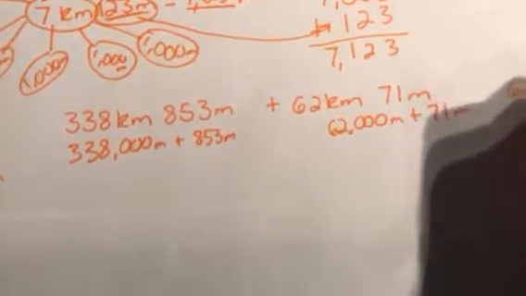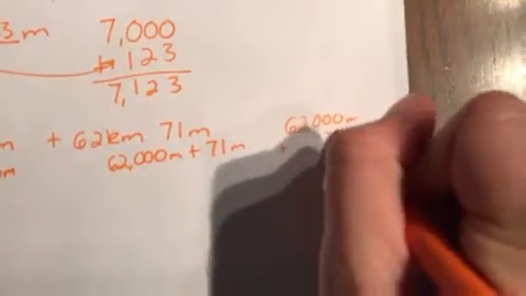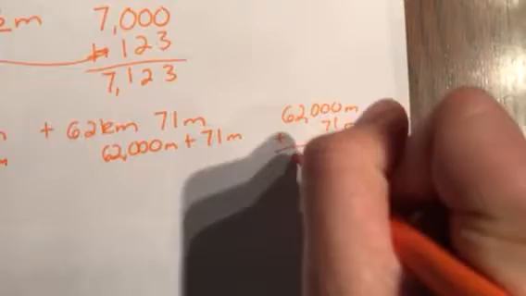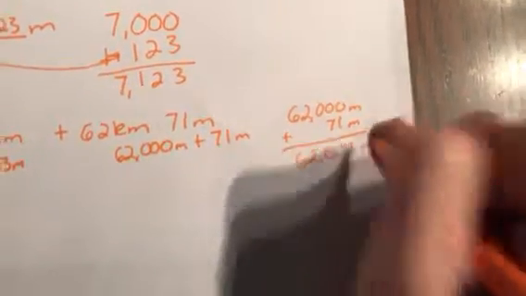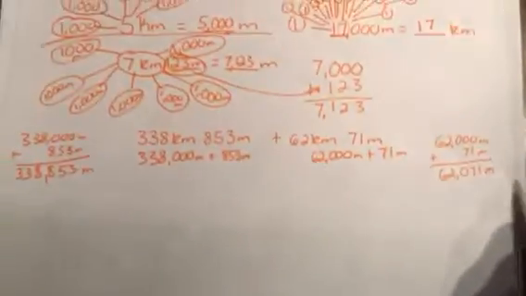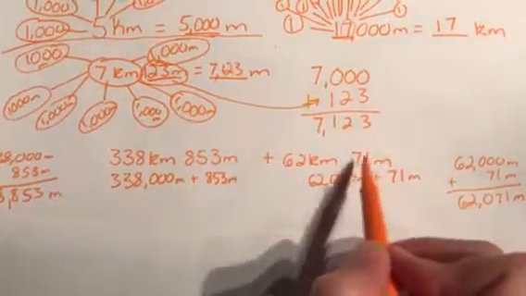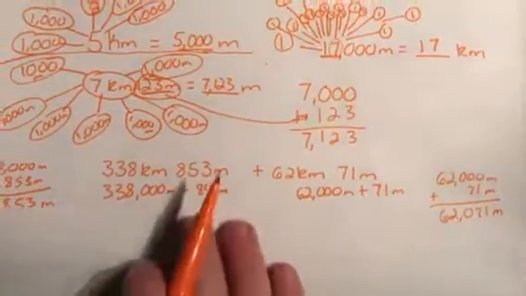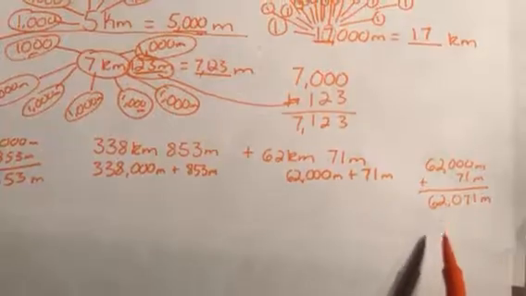And let's add this one. 62,000 meters plus 71 meters. We've got 62,071 meters. Now some of us are getting to the point that when we see this set of numbers, we can convert this in our heads, okay? Which is great, but it's also super important to be able to show your work.